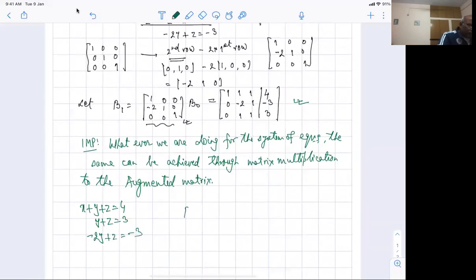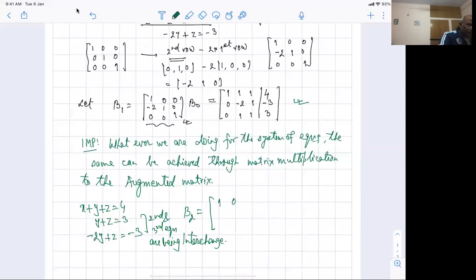So I would like you to see that I can get B2. I'm interchanging the second and third row. Second and third equation are being interchanged. All right. So let's interchange the second and third row of the identity matrix.